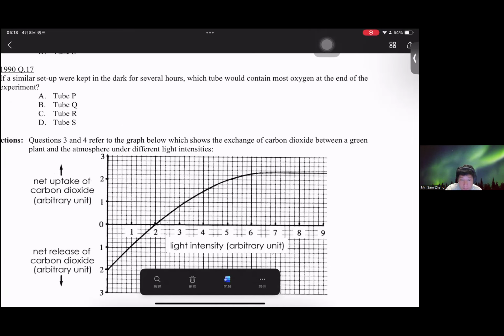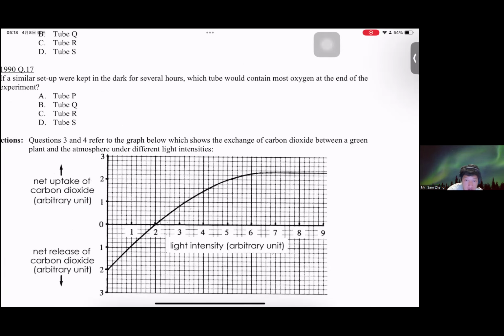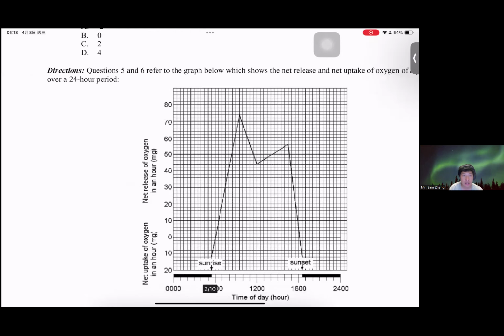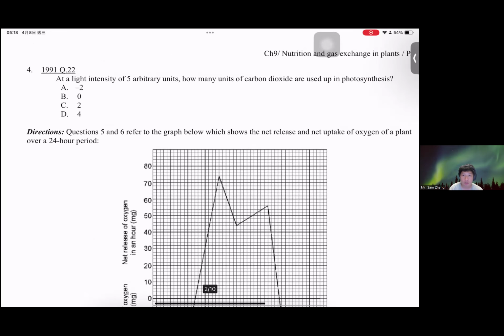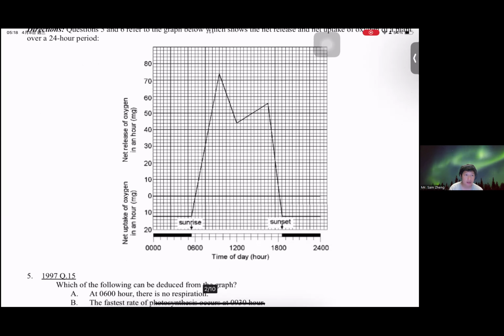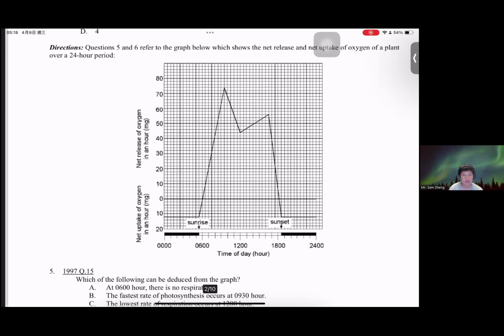The horizontal line that is above the zero axis would be 2, but at the same time, the part that is below the horizontal line would also be 2. Therefore, it would be D, a total of 4 units of carbon dioxide are used up in the photosynthesis.